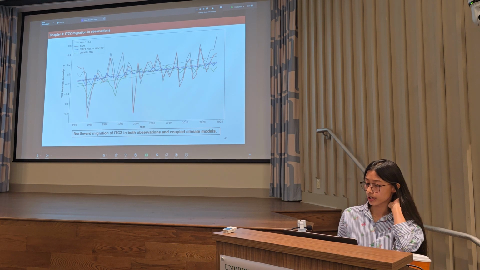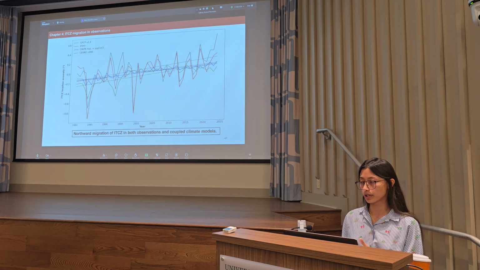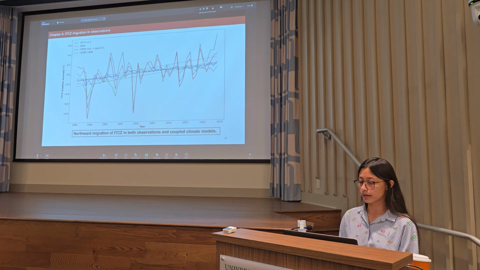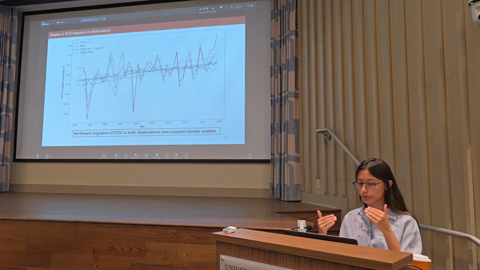Two things to be noted in this plot are the large fluctuations around 1980 and around 1998, which correspond to a volcanic eruption for the 1980 period, and for 1998, a strong El Nino that pushed the ITCZ further south.